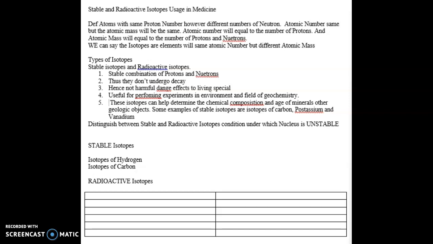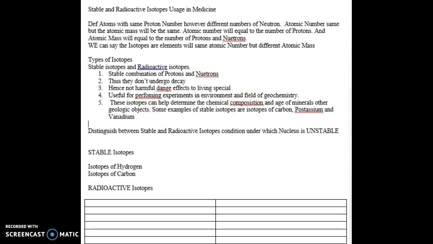These isotopes can help to determine the age of materials and geological objects. So as you can see, there are about five definitions.